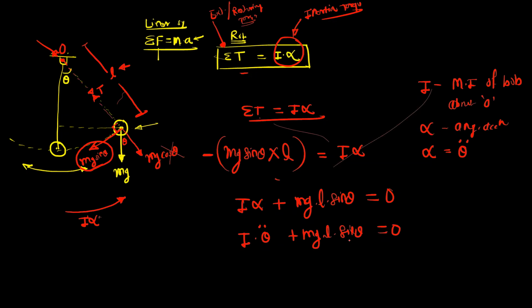Now here, this sin theta term, as initially we have assumed theta is very small. Okay. So here we will make one approximation. As theta is very small, then the value of sin theta will become approximately theta. Okay.